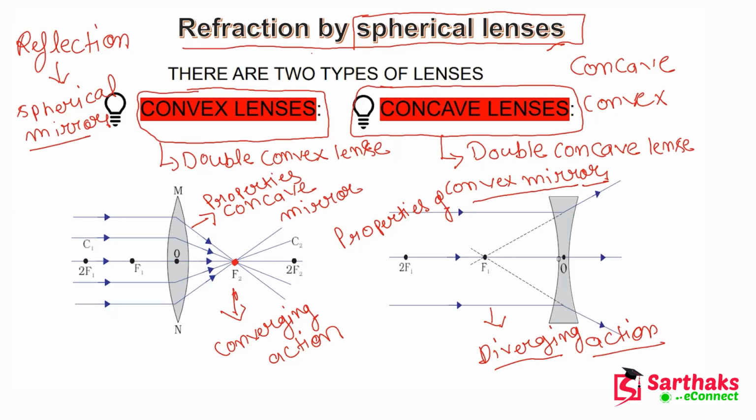On the other hand, this concave lens is performing diverging action. But when we were studying the convex mirror, the convex mirror was performing the diverging action. So that's why I said that the properties of a convex mirror are similar to the concave lens, and the properties of a concave mirror are similar to the convex lens. I hope guys you got my point. Now let's move on to the next slide.